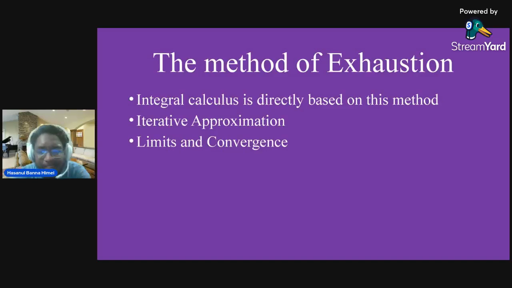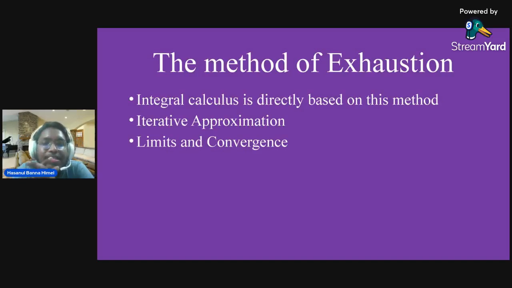This method involves inscribing a sequence of increasingly finer polygons for areas, or polyhedra for volume, within a given shape. And that was our iterative approximation.